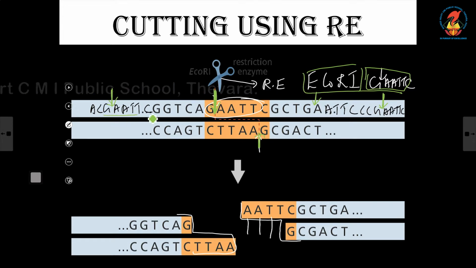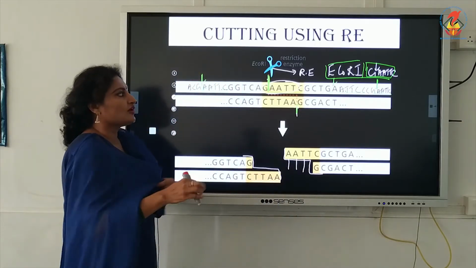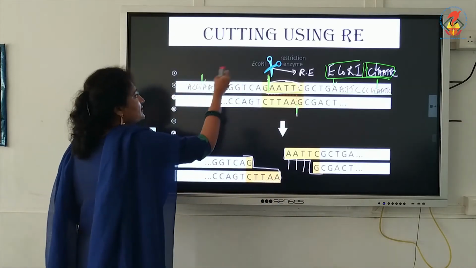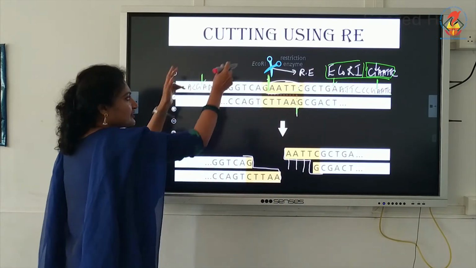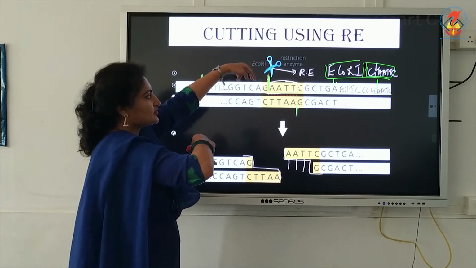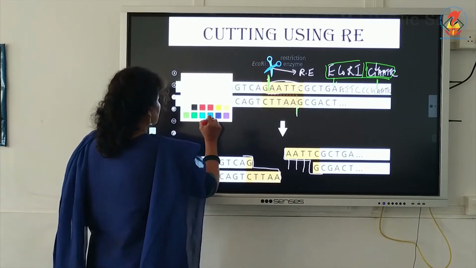See the sequence is GAATTC. Look at the sequence here, GAATTC. Here GAATTC and here GAATTC. So how many recognition sites or cloning sites are there? 1, 2, 3, 4. So how many segments will we get after the restriction enzyme or restriction endonuclease cuts the strand? We will get how many sequences?